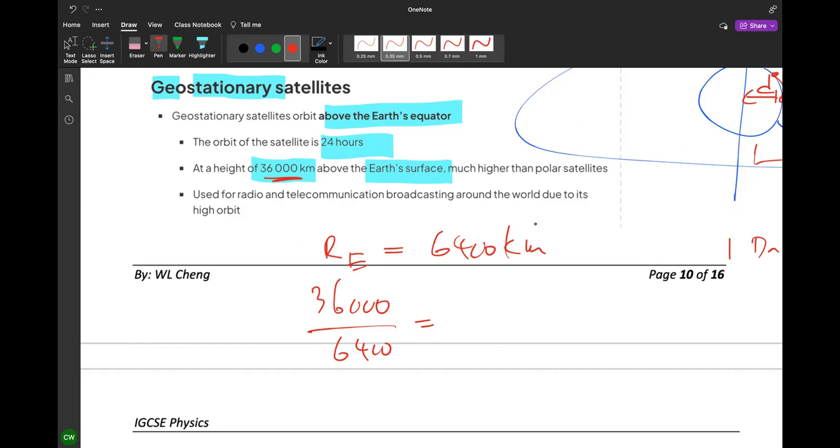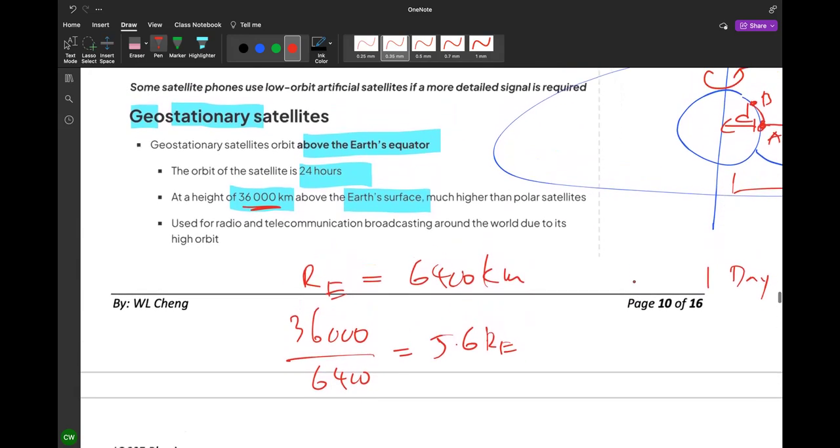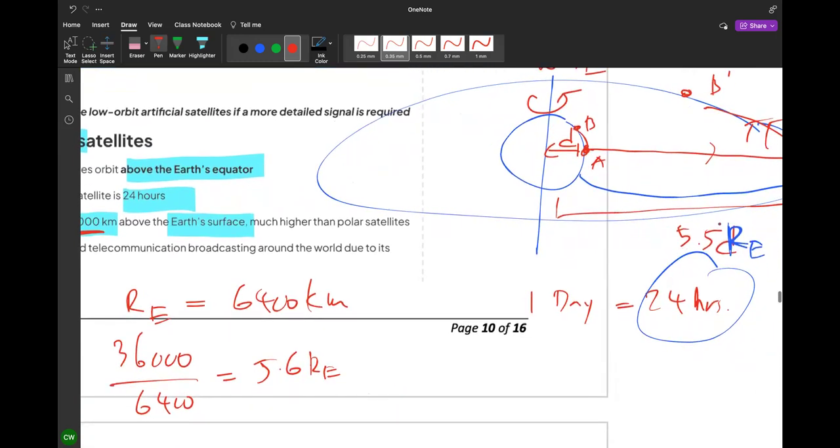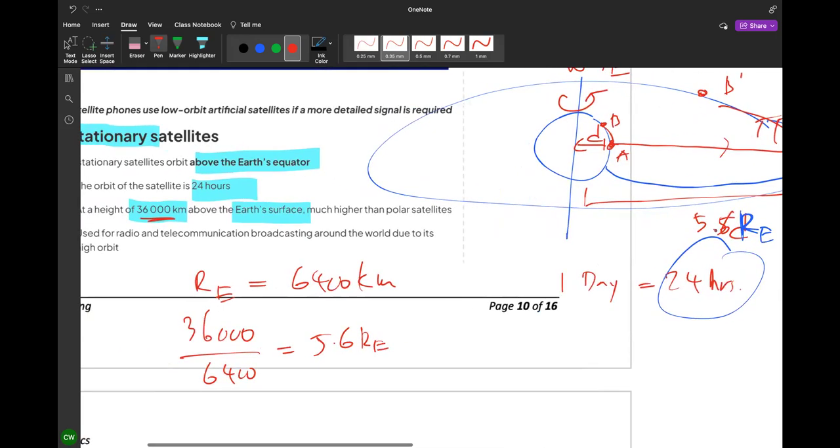It's about how much? 5.6 times. So that means 5.5 or 5.6. This is 5.6 RE. That means if you want to send the satellite, you have to decide how high. So that's why you need to go about 5.5 or 5.6. Do you understand? Then you have to launch a satellite.